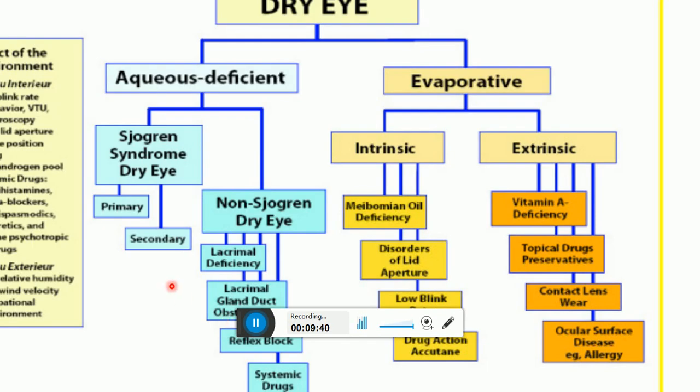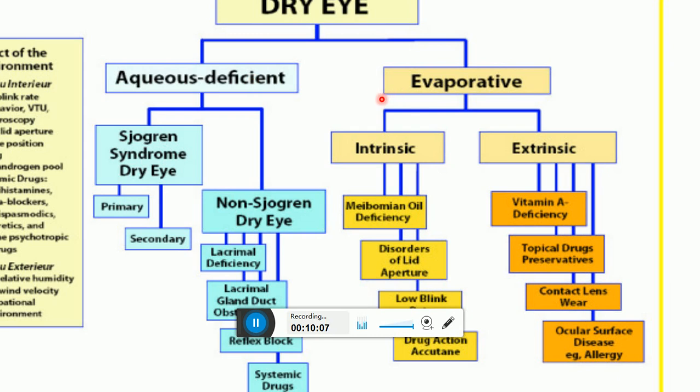Now the classification. The classification of dry eye usually applied is that of the 2007 International Dry Eye Workshop, DEWS, with a basic division into aqueous deficient and evaporative types.